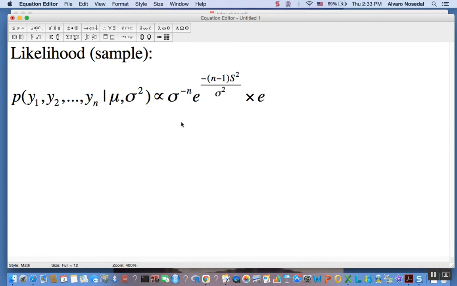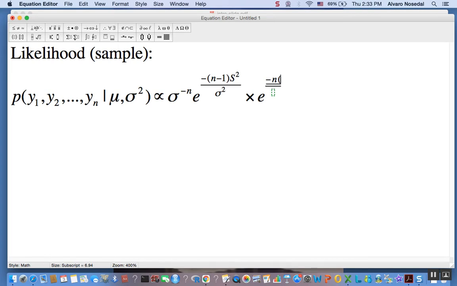an exponential, and the exponent that we have here involves both mu and sigma squared.